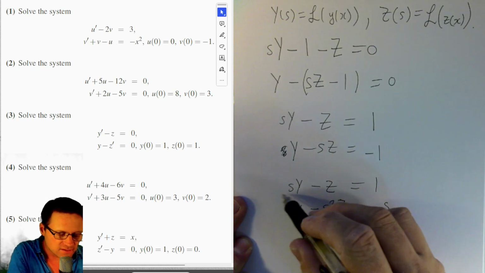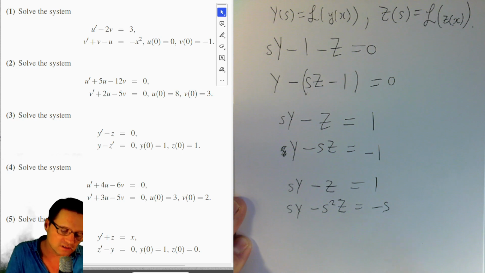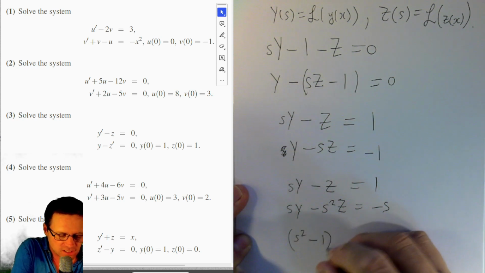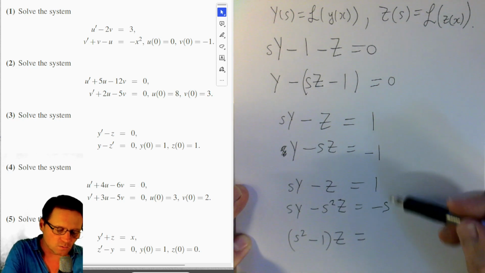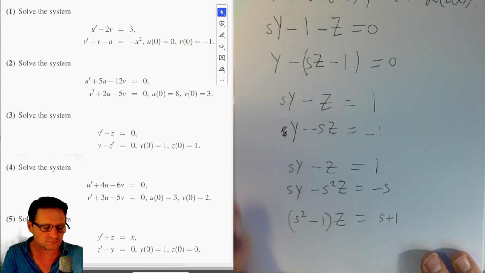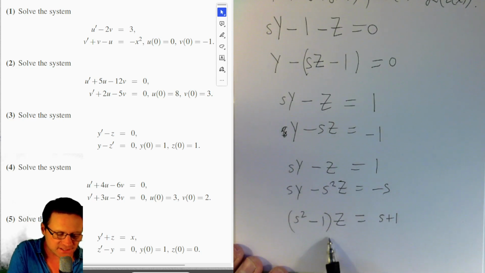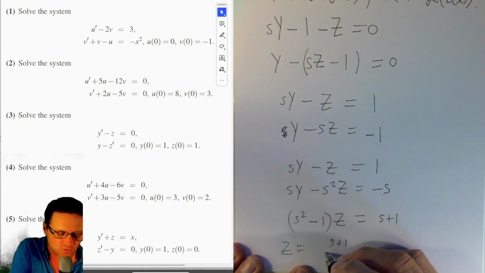Okay, so doing that, these terms with the y next to them, those will vanish. So we'll get s squared minus 1 times z equals 1 minus s, which is s plus 1. And so then dividing both sides by s squared minus 1, we have uppercase z is equal to s plus 1 over s squared minus 1.